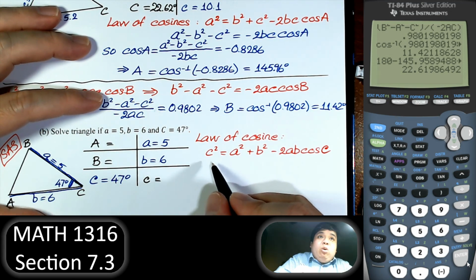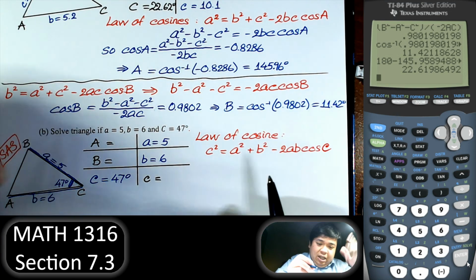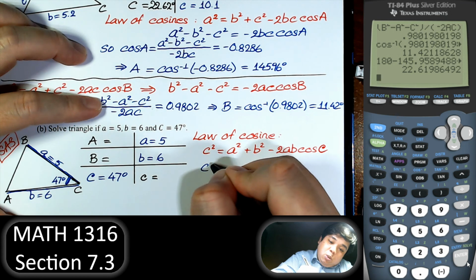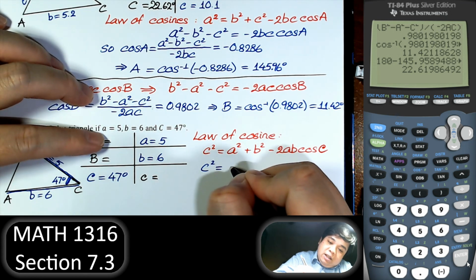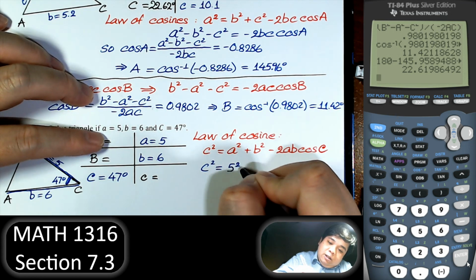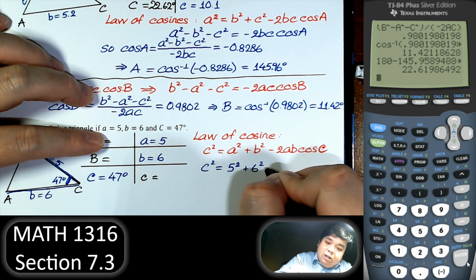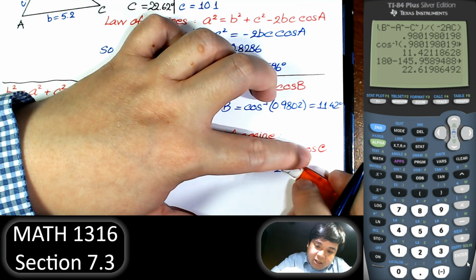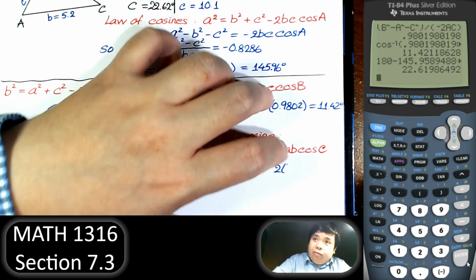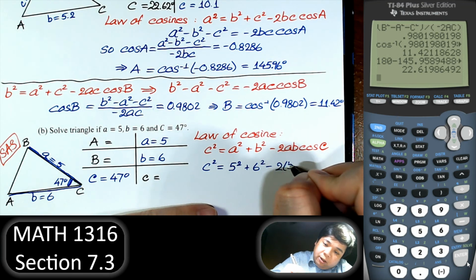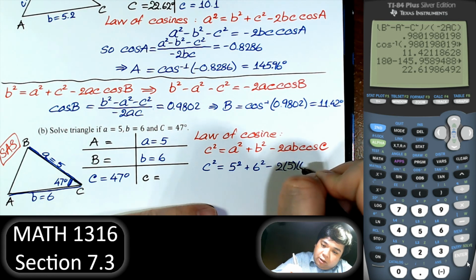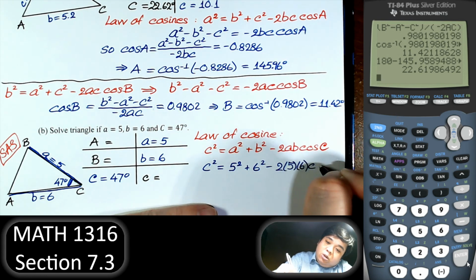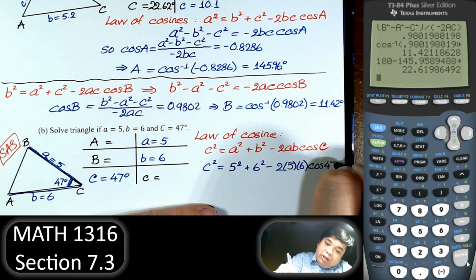Since now I'm going to find c, I'm not going to store a and b in that. I'm just going to say c squared, and put all the numbers in: a, b, minus 2ab, and then cosine of the angle between them, 47 degrees.